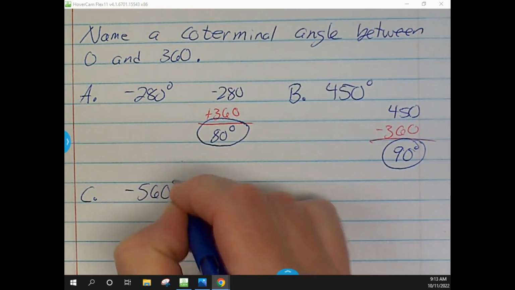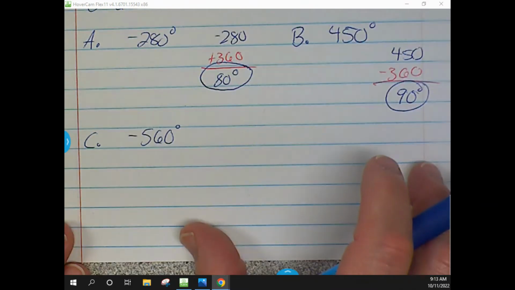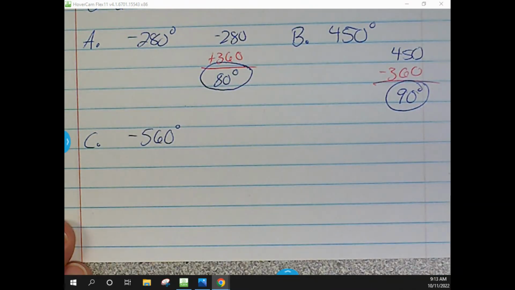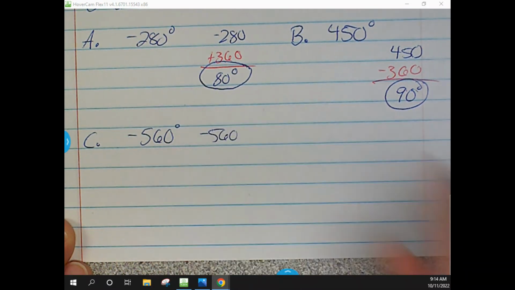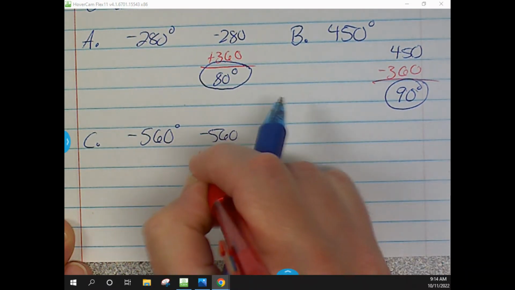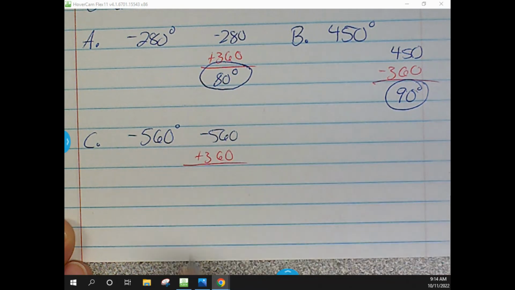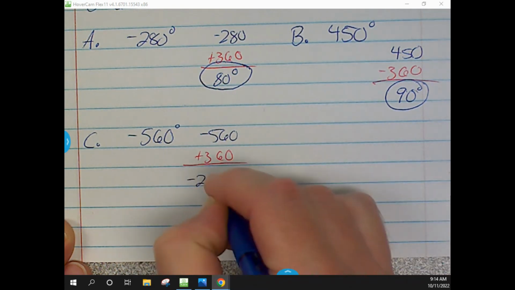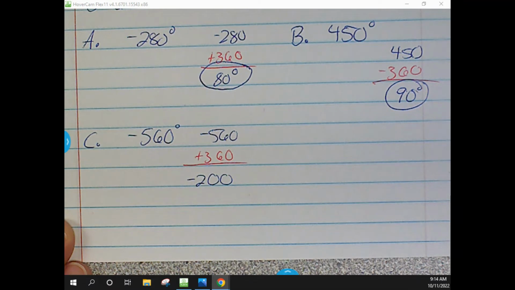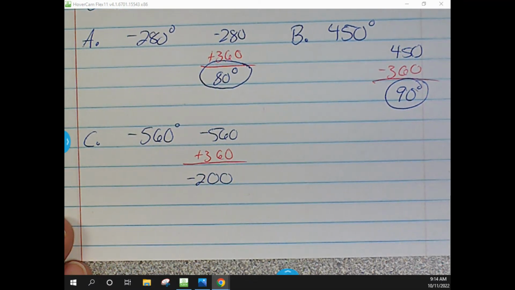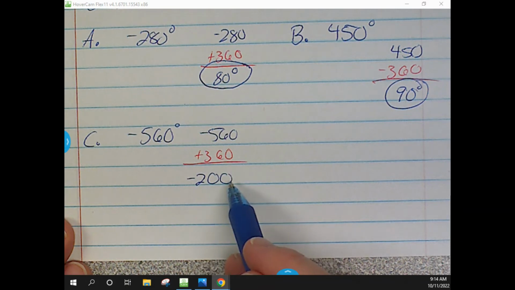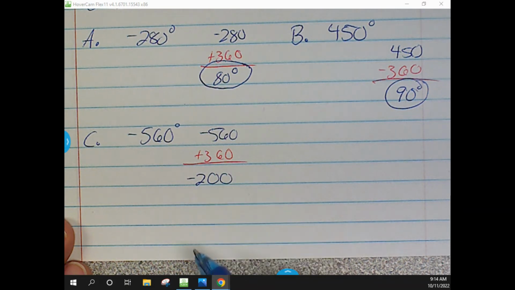All right, let's do negative 560 degrees. So negative 560, we're just going to add 360 to it. In that case, it winds up being negative 200. Okay, but again, the stipulation was this number has to be between 0 and 360, right? It's not there.